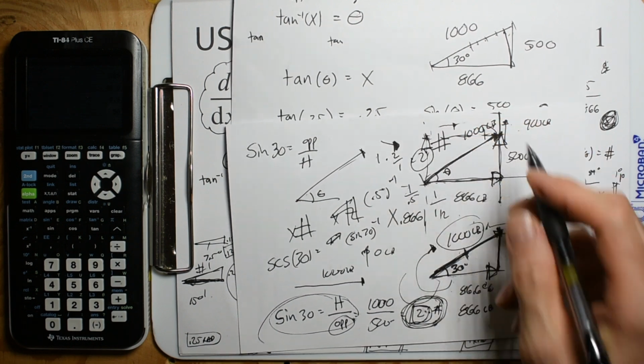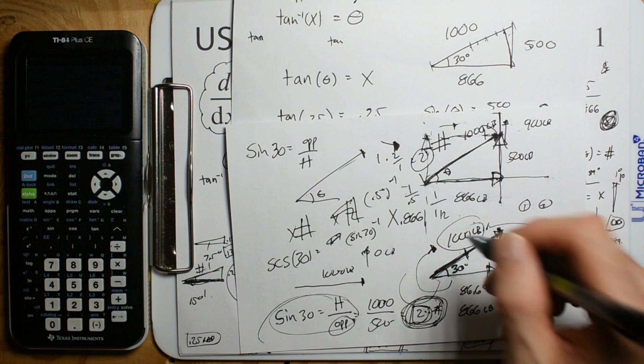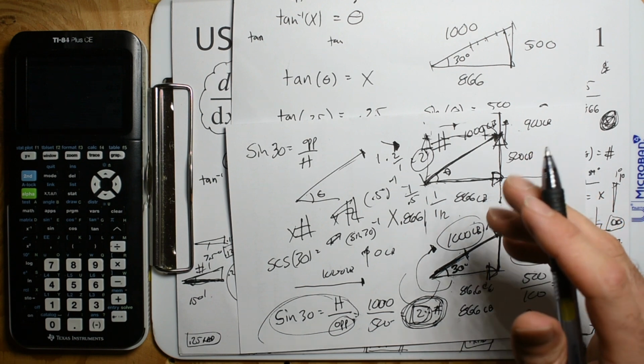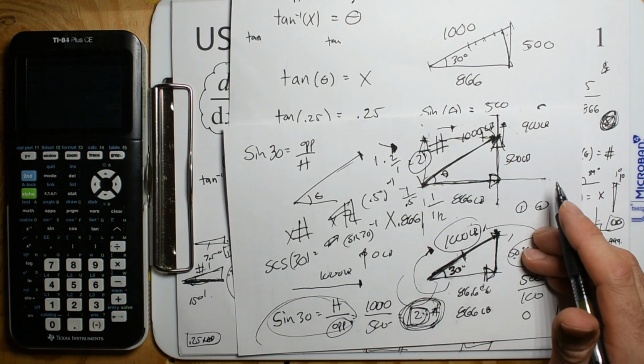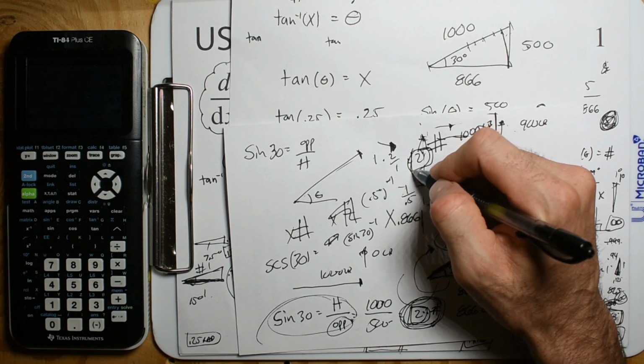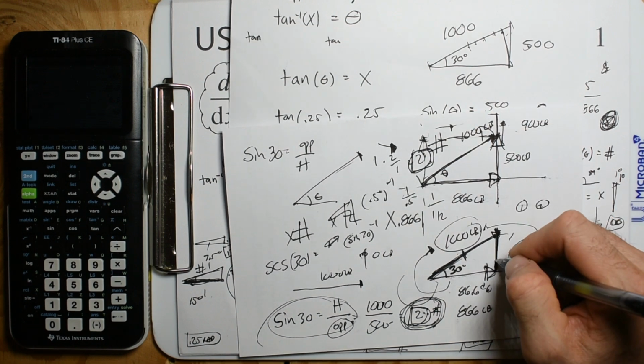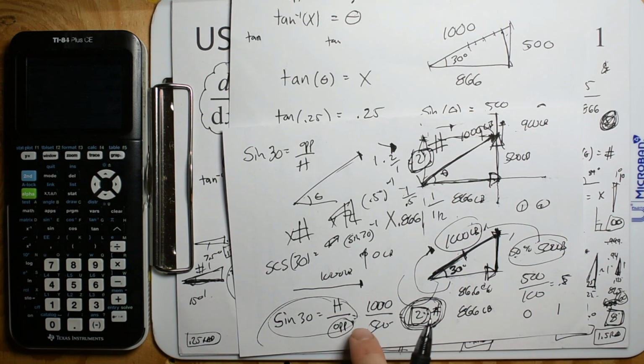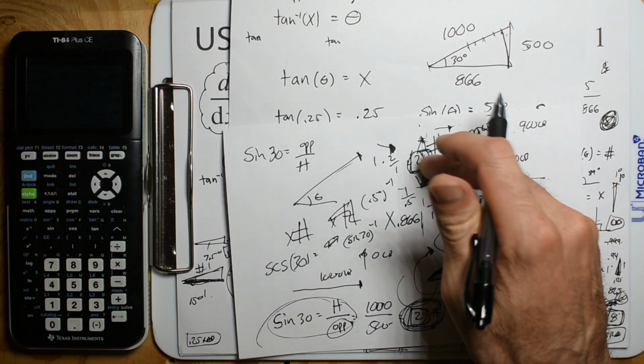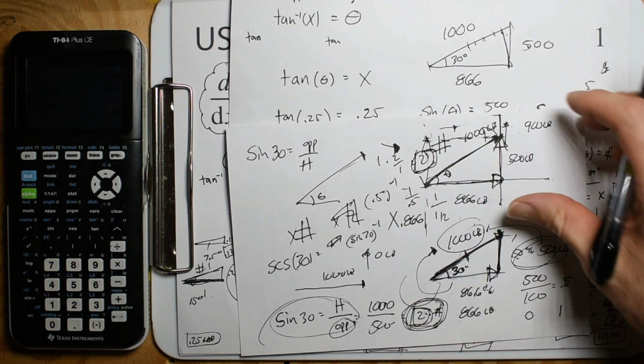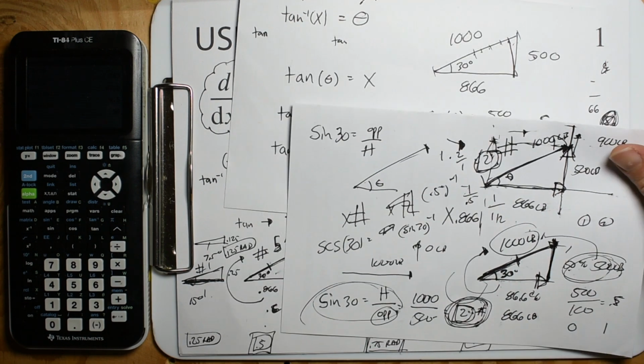It's going to be 2. You know what I mean? And what that's going to say is the hypotenuse is twice the opposite. So whatever your opposite was that you put in, or if you know your opposite, your hypotenuse is going to be twice that. Interesting.